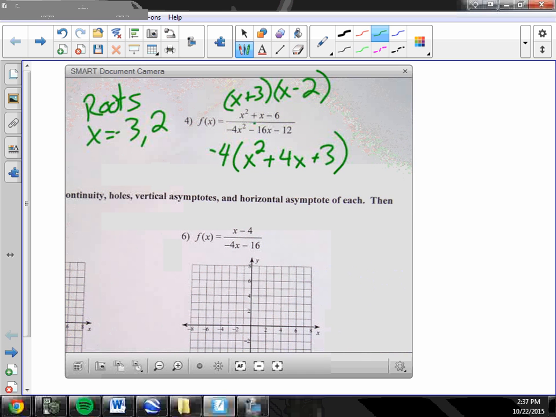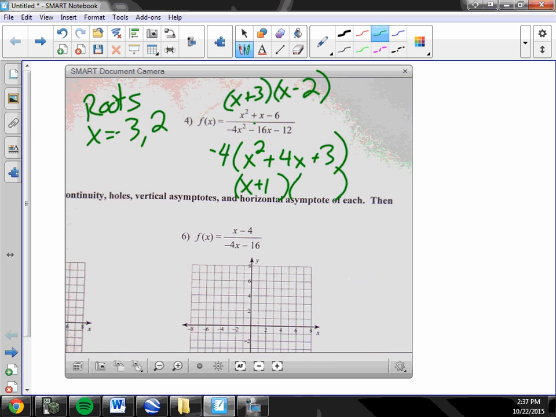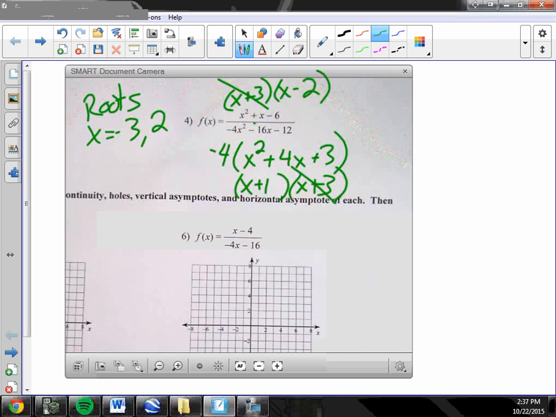Okay. Does that factor? X plus 1 and x plus 3. Oh, what do you notice? So negative 3 we have to take off the roots list because x equals negative 3 is actually a hole.